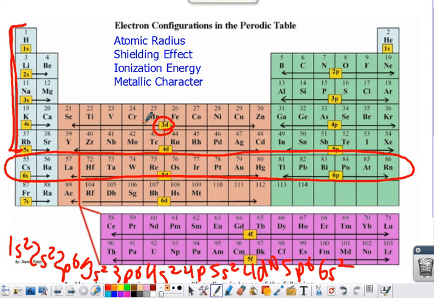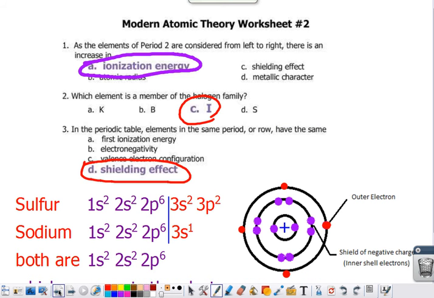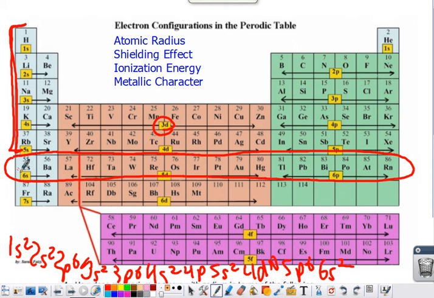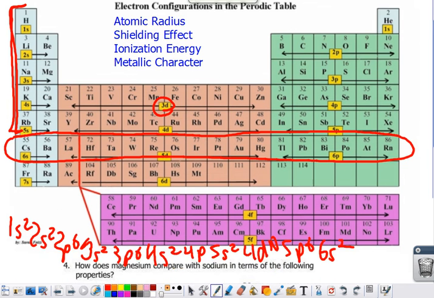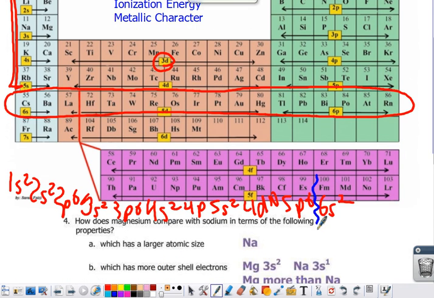So the question we were just looking at was a shielding effect, and every element in this period has the same beginning. Every element in that period goes all the way up to 5p6. It's got all of these energy levels all the way up to 5p6. And then there might be a little variation on the end, but not much. So they're all shielded by the first 5 layers from the nucleus.